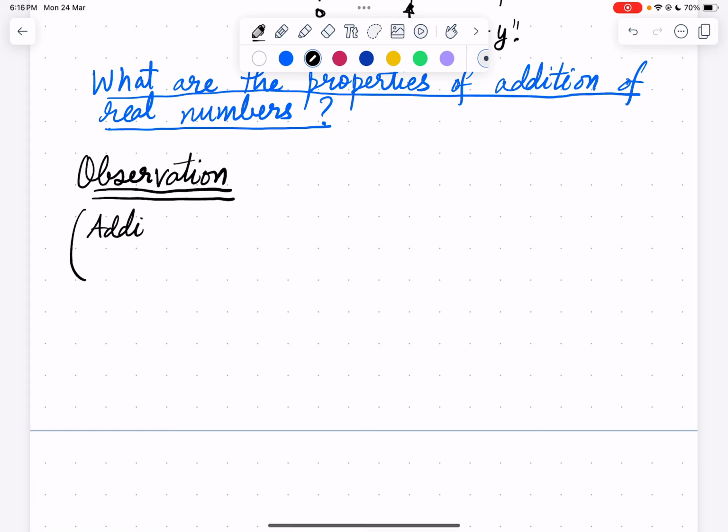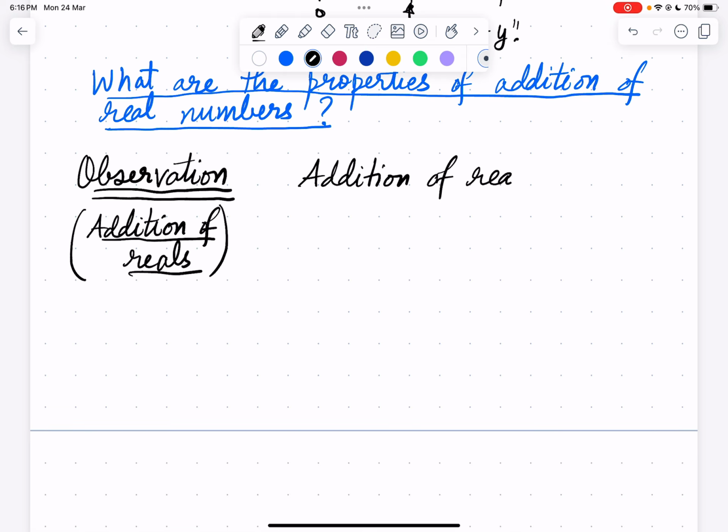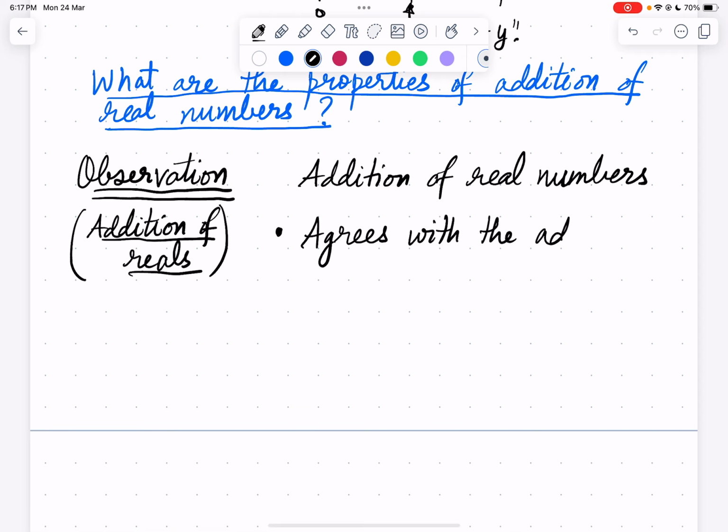Addition of reals: the observation is that addition of real numbers agrees with the addition of rational numbers.